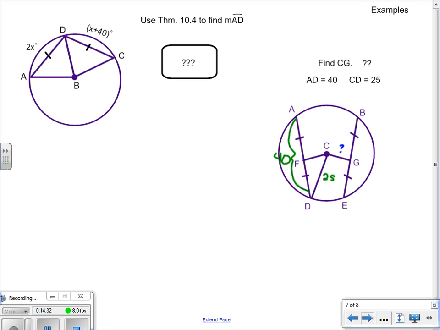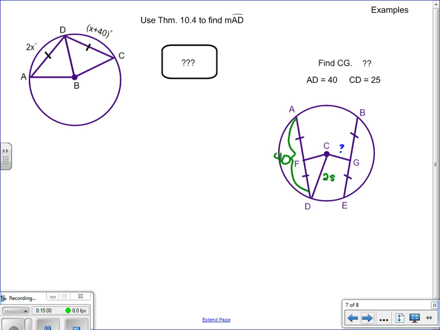So what I need you to do is read through this diagram. You have AF, FD, GE, and GB all marked congruent. And then you know that the length of AD is 40, and the length of CD is 25. Hopefully some of you are seeing something in that picture that's going to help us solve for CG. Now, it is going to take a little thinking.